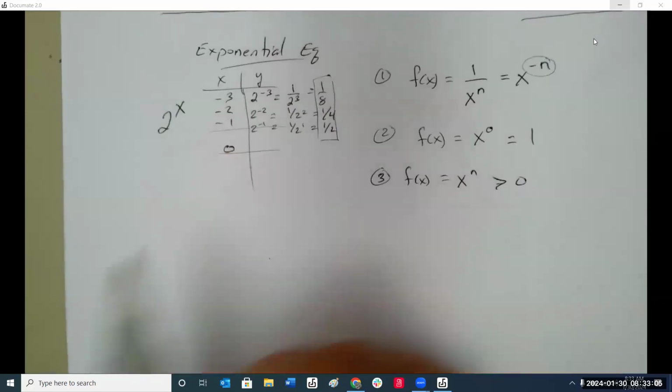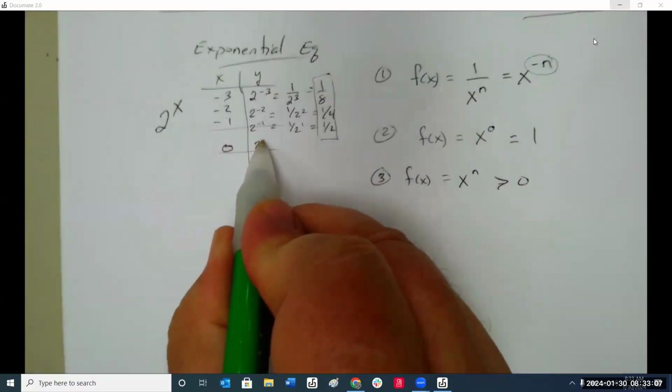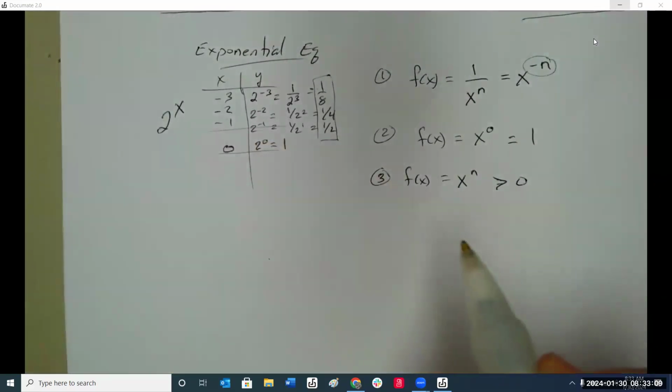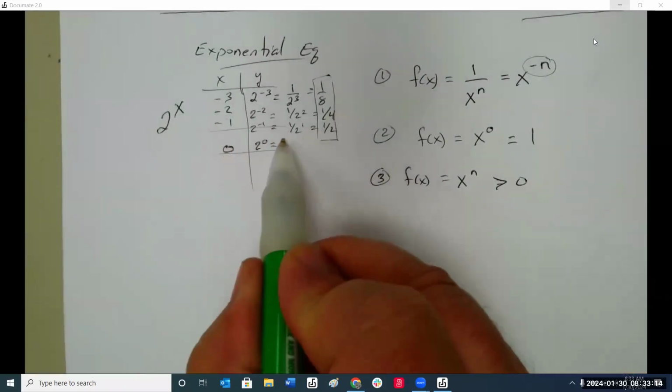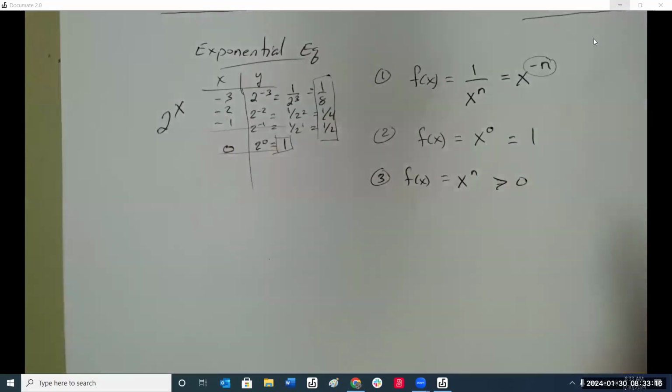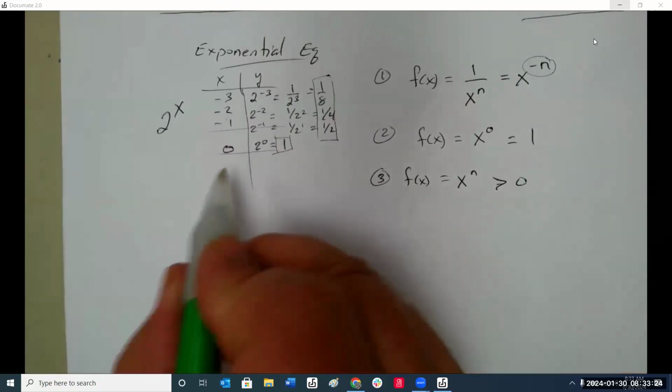If x is 0, what happens? It becomes 1. So in exponential functions, it always crosses the y-axis at 1, unless there's a vertical shift. But the basic functions always cross through 1.